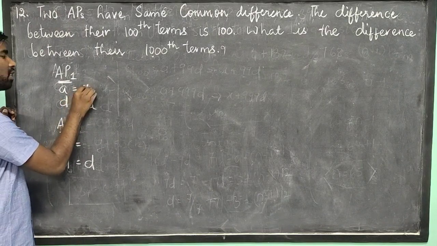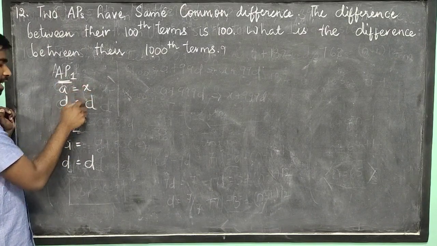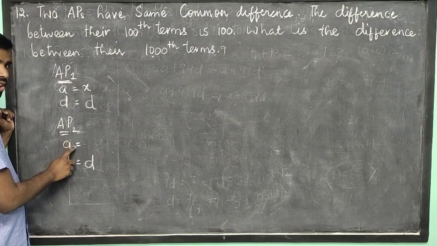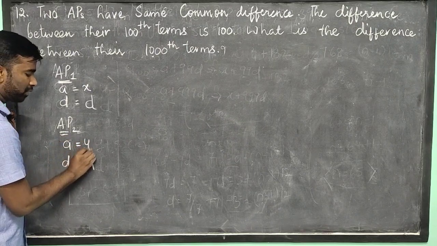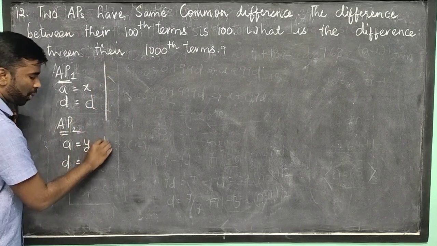I will consider the first term of AP1 as X and the first term of AP2 as Y. Now what will we do?